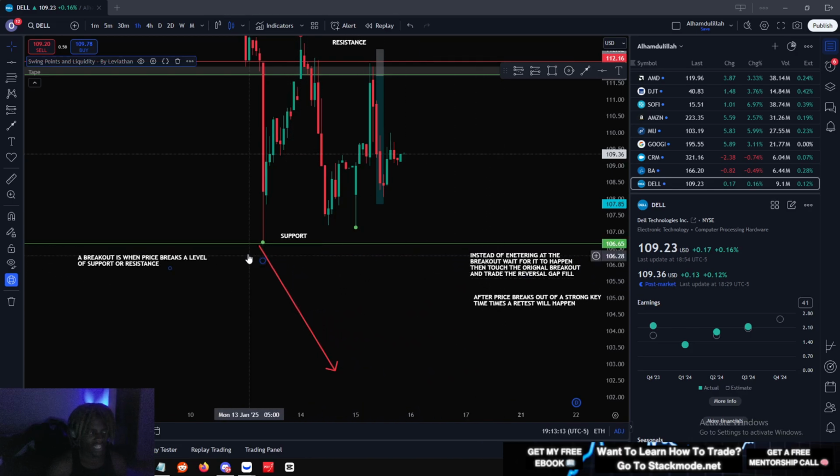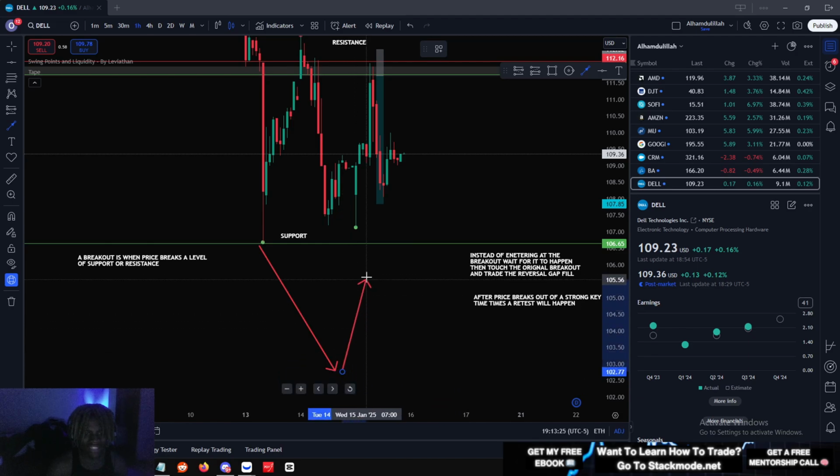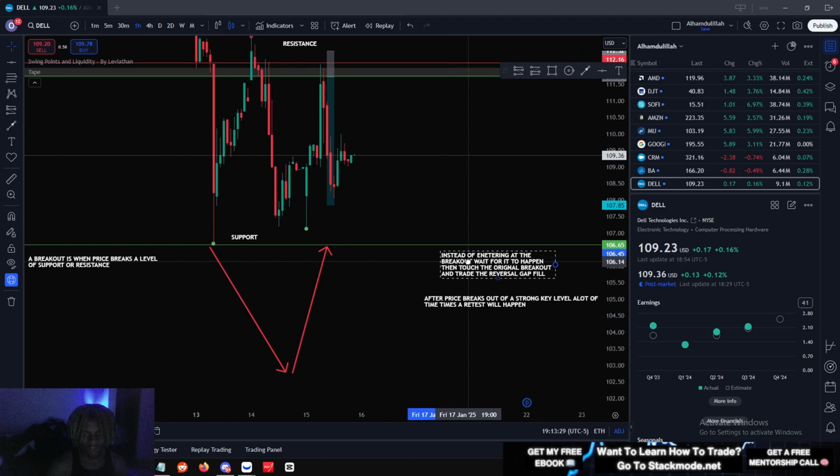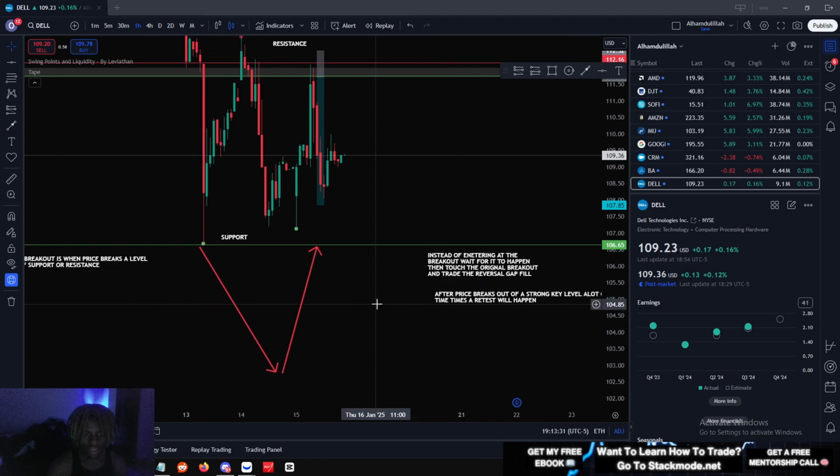After price decided to break out of this low right here, guess what would happen? Price would decide to find another area of support somewhere. But instead of trying to predict where price is going to stop exactly, we're just going to wait for price to come back to the entry. Boom. As soon as price comes back to the entry, we're going to be able to take it right back down a lot of the times.